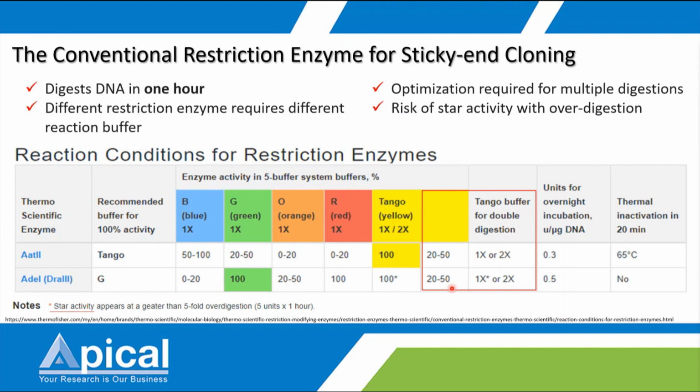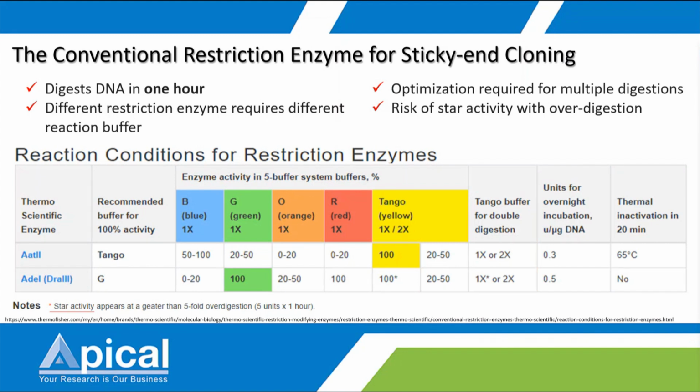So the enzyme activity will be only 20 to 50% for both under the 2 times Tango buffer. So for conventional RE, they will have this problem of choosing the suitable buffer for enzyme activity when you perform multiple digestion.